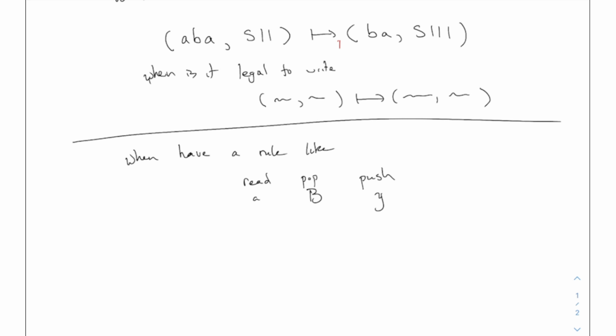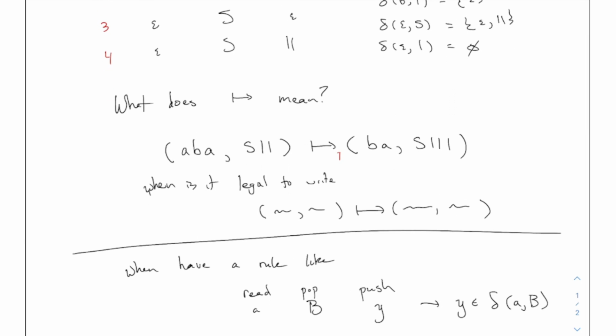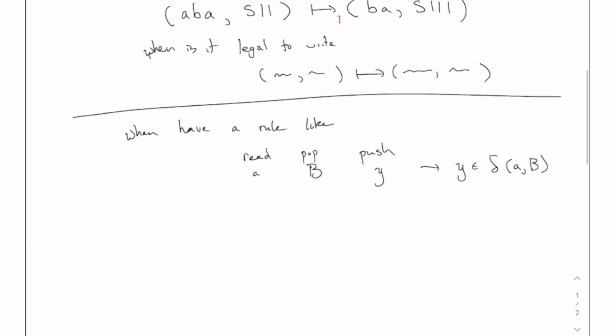When we have a rule like that, another way of writing this in the super formal description would mean that Y is one of the things in delta of A comma B. Remember, the delta's answer is always a set. See up there, those deltas. The answer is always a set. So when you have some element of this set, it means that there is a rule like this. Read A, pop B, push Y.